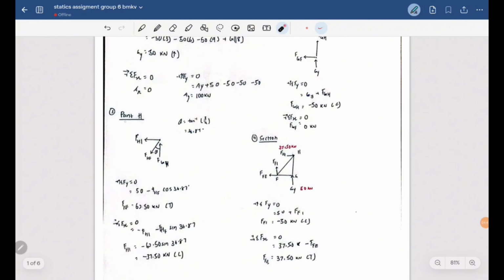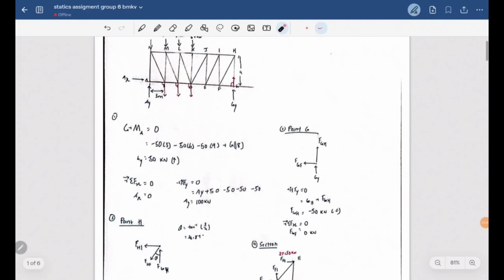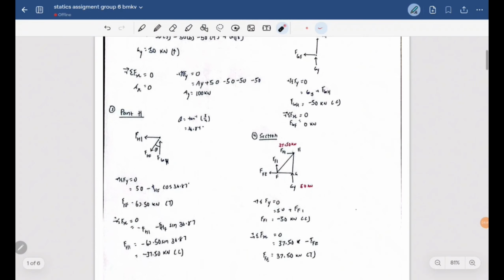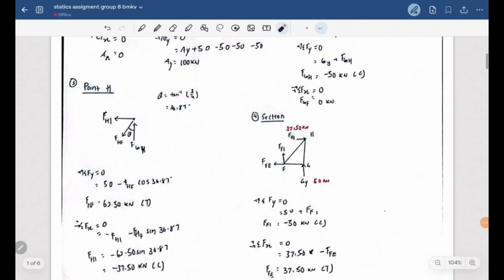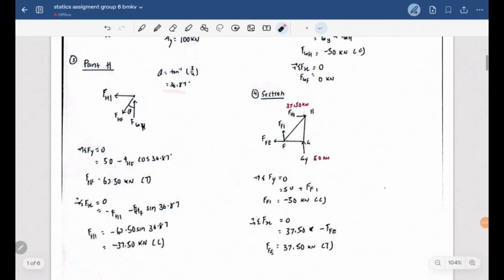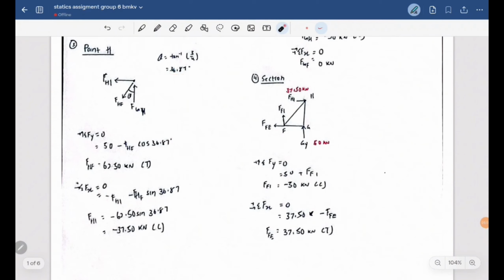Next step, we find the force on point H, which is here. So there is FHI, FHF, FGH. So we need to find theta. This is 3 meter and this is 4 meter, so we can find the angle. We got 36.87 degree.